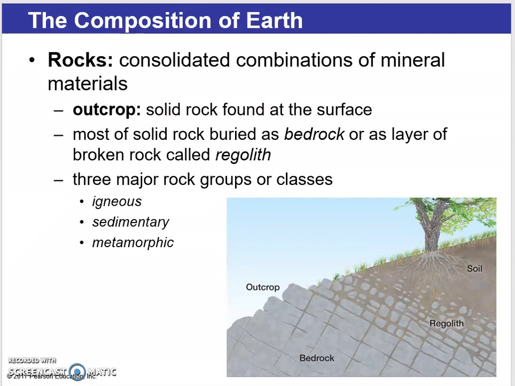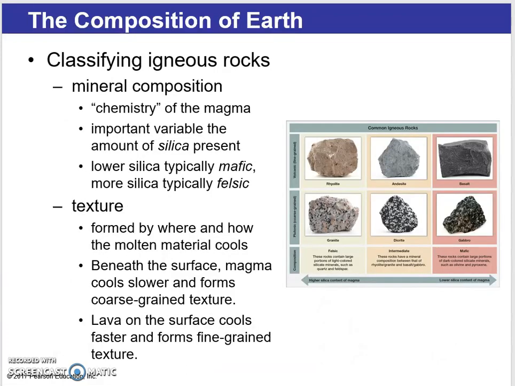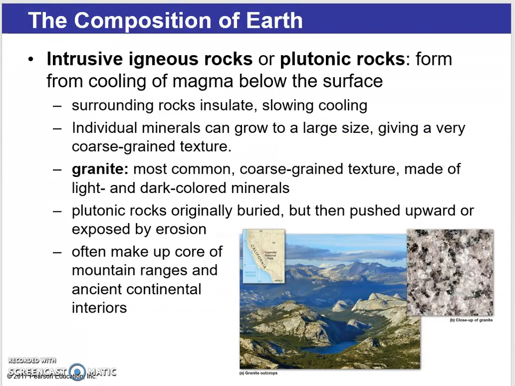Different types of rocks are classed as igneous, sedimentary, and metamorphic. Igneous rocks are formed by cooling and solidification of molten rock, and we have magma, lava, and pyroclastics. Classifying igneous rocks: chemistry of magma, silicon present, mafic or felsic, depending on the amount of silica, and also we use texture.